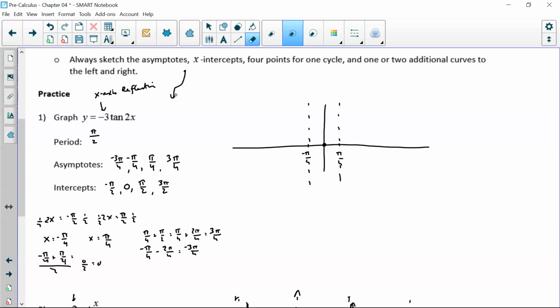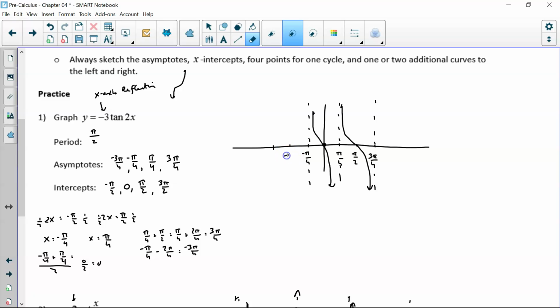But because of that x-axis reflection, this one's going to fall from left to right. If I want to draw another period, my other asymptote would be at 3 pi over 4. And here in between, I have my pi over 2. So once again, it's going to fall from left to right.